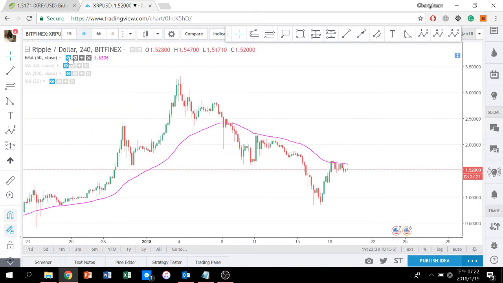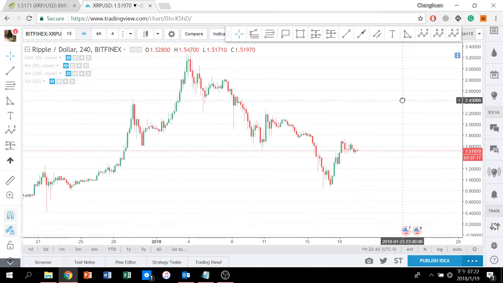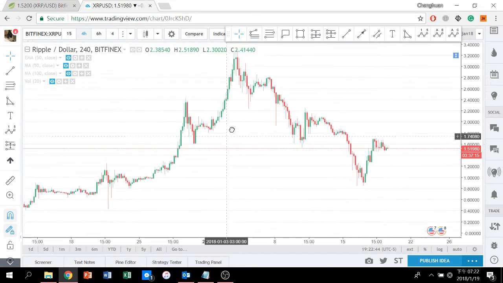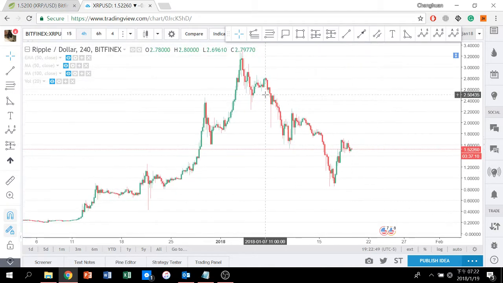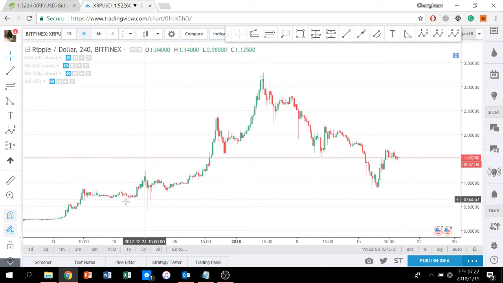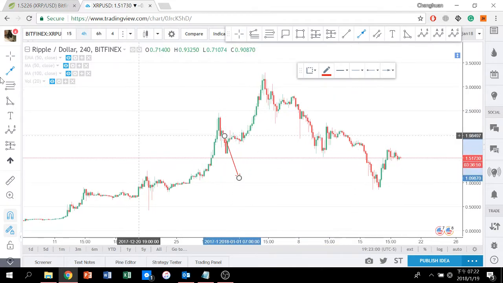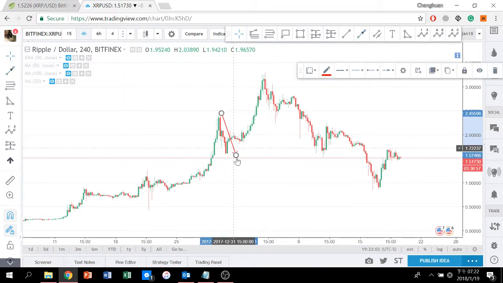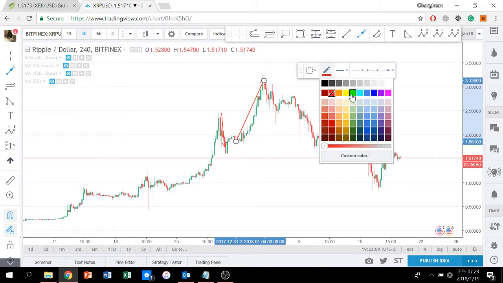Okay, so let's remove the indicators. If we don't even count the Elliott waves, we can see that we're obviously still in a downtrend. Even when we were in a bull market and had a pullback, the market trend as a whole was still bullish, right?